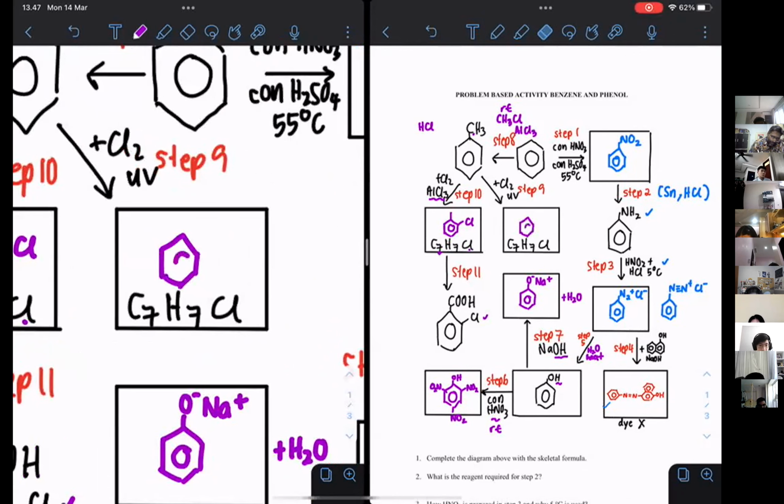Of course, you have one Cl substituted, so you will have CH2Cl. So how do I show CH2Cl? This is carbon and then there is going to be Cl. So maybe you can draw Cl like this. Let me make it smaller.